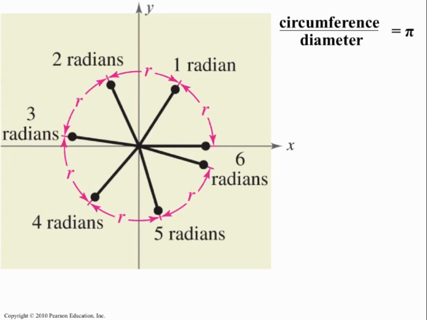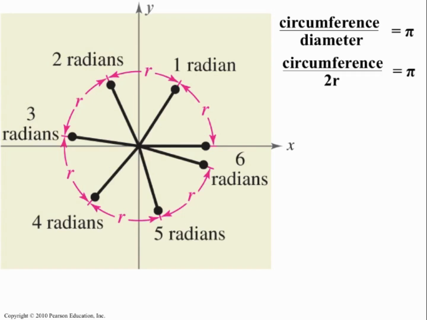So every circle, great and small, the tiniest circle, the largest circle, as long as it's a perfect circle, the ratio of circumference to diameter always equals pi, 3.14159, etc.